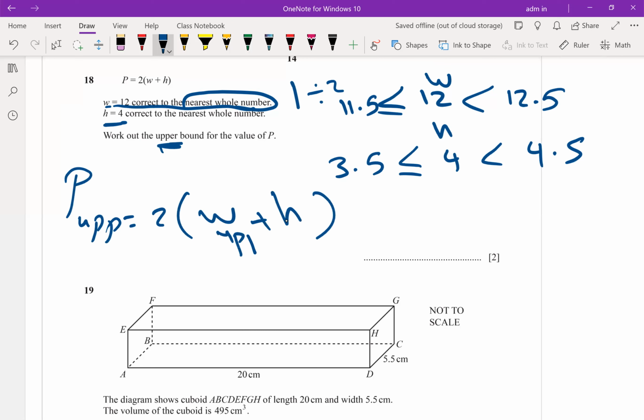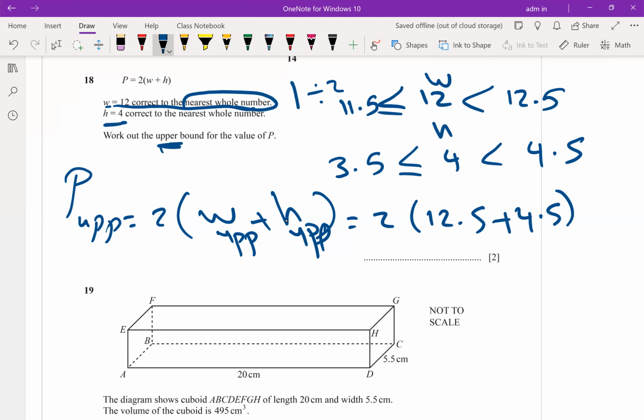If it is plus, use upper, and the same for multiplication. But if it is division, start with upper and end with lower, or for subtraction. So what is the upper bound of W? 12.5. The upper bound of H is 4.5.